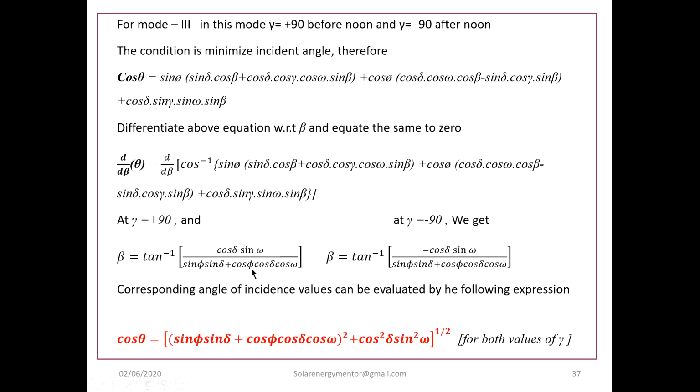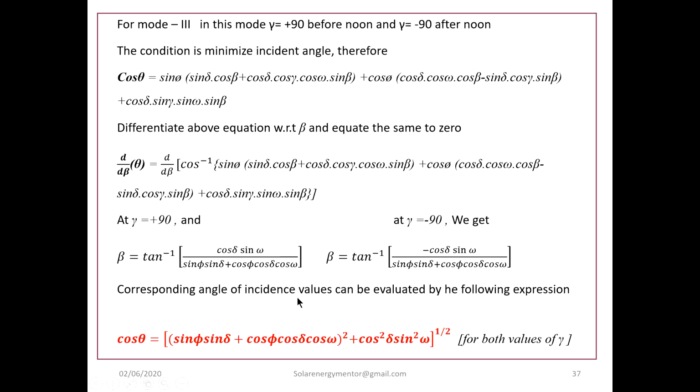You remember this expression to be cos theta z, the zenith angle. Then if gamma equal to minus 90 in the afternoon, we get beta equal to the same expression, the only thing is minus here: tan inverse of minus cos del sin omega by the expression of cos theta z.